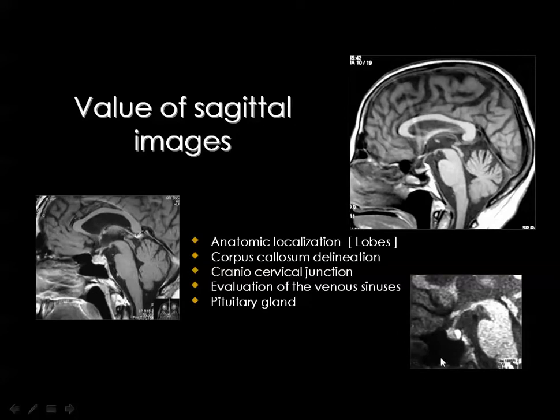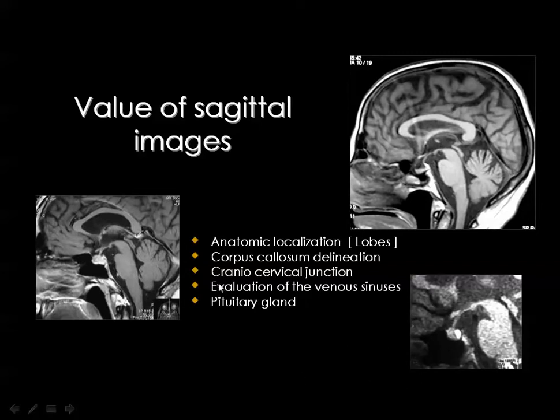Then one of the important values of the sagittal images is the identification of the corpus callosum, and this is the corpus callosum, and you know that it's composed of four parts: the rostrum, the genu, the body, and the splenium. In my opinion, the only way to assess the corpus callosum accurately is the sagittal images, especially the T1.